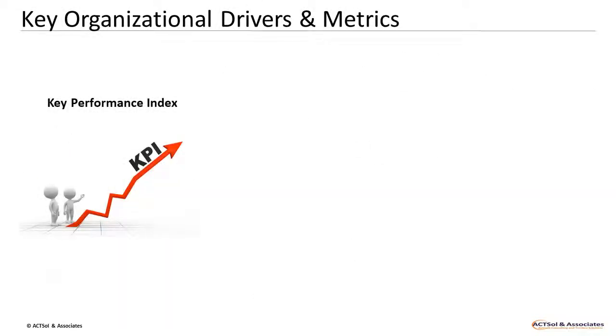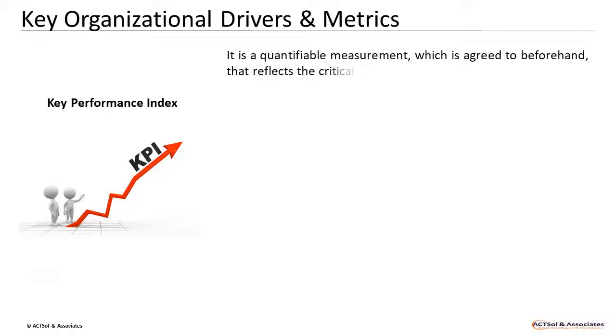KPI, Key Performance Indicator. It is a quantifiable measurement which is agreed to beforehand that reflects the critical success factors of a department or group within your organization. They will differ depending on the company. KPIs are always measurable and are trended over time to show progress and take action where needed.